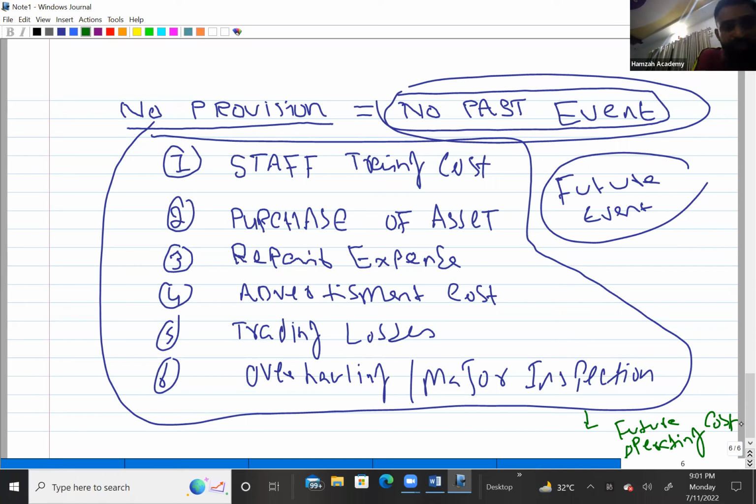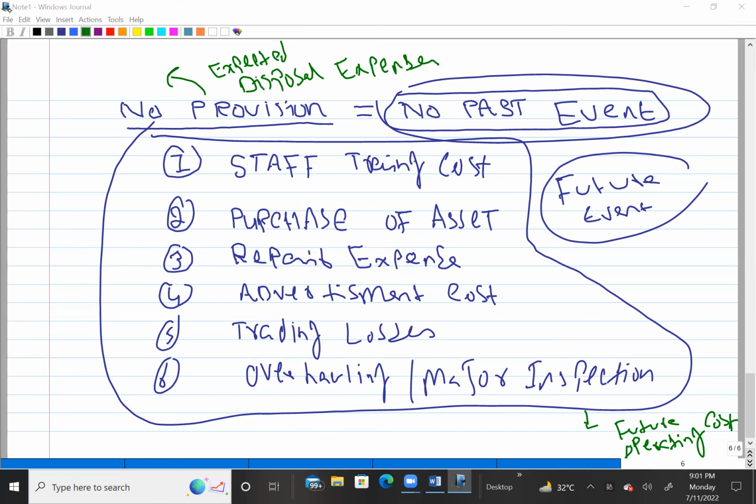And one more thing which is usually tested in exam: expected disposal expenses. A provision cannot be recognized for expected disposal expenses as well.